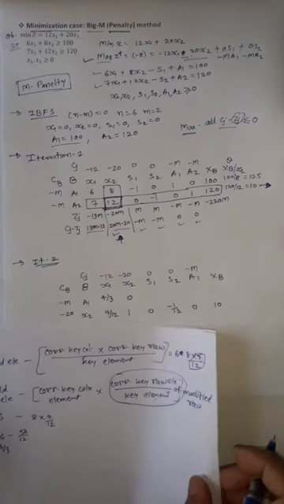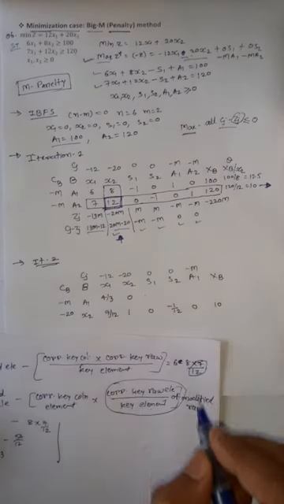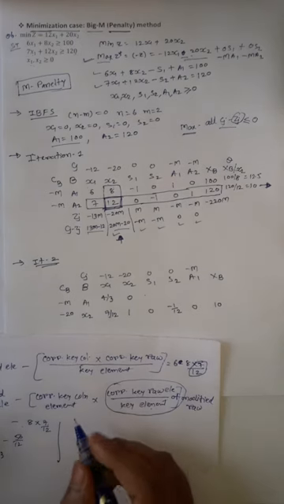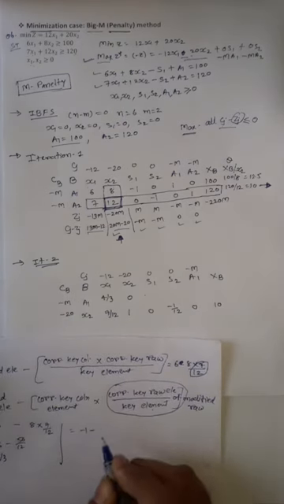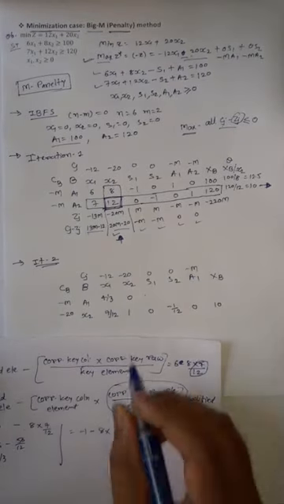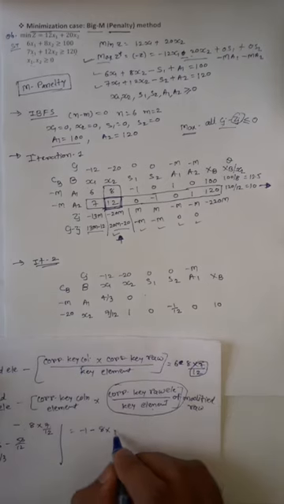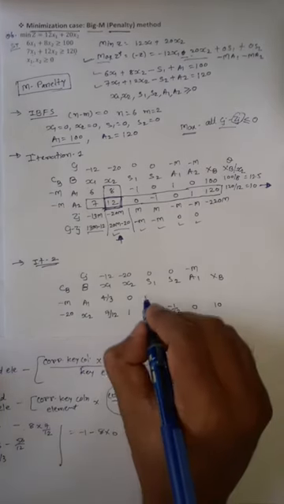In the same way, you can calculate the value for this element, which is equal to the old element, negative 1, minus 8 multiplied by 0. So it will again be minus 1.